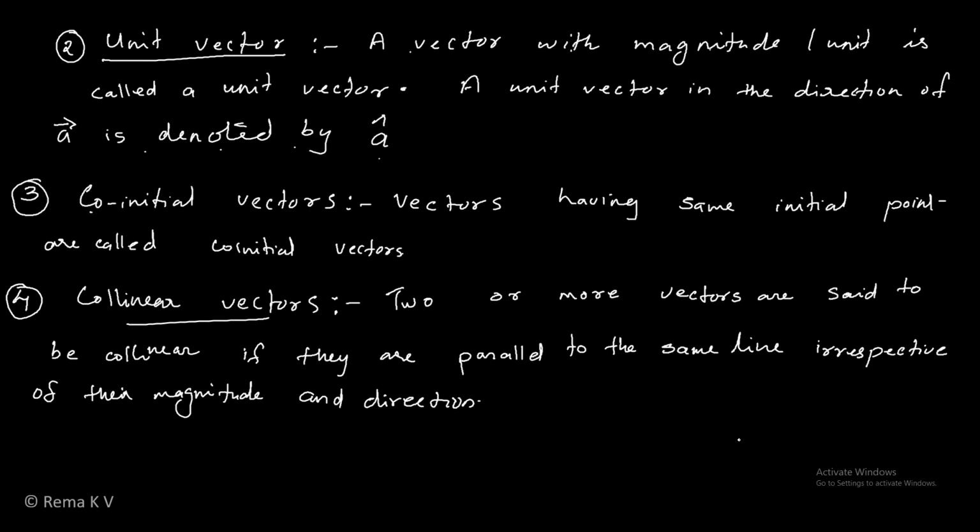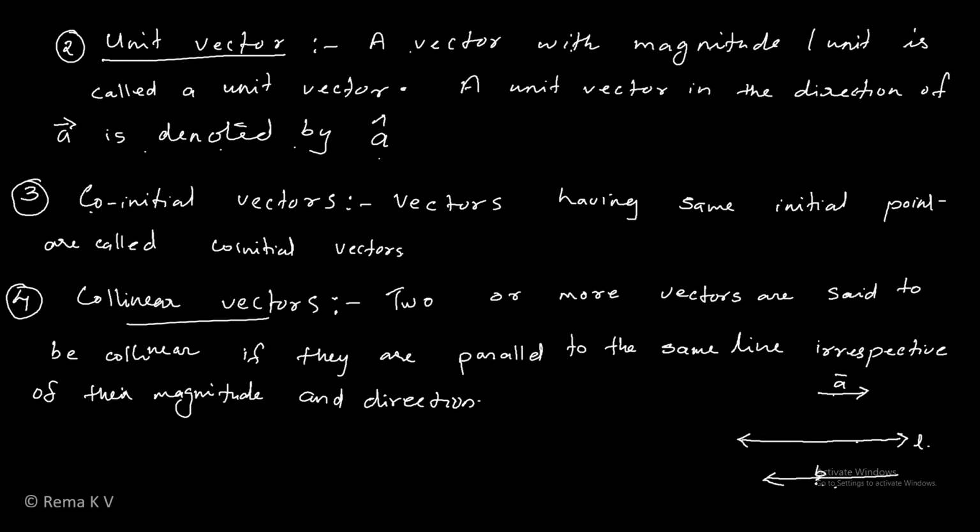See, we can consider a line L here, a vector A which is parallel to this L. This B is another vector which is parallel to L. In magnitude, A and B are not equal, B is greater than this A. Magnitudes are different here, directions are also different.